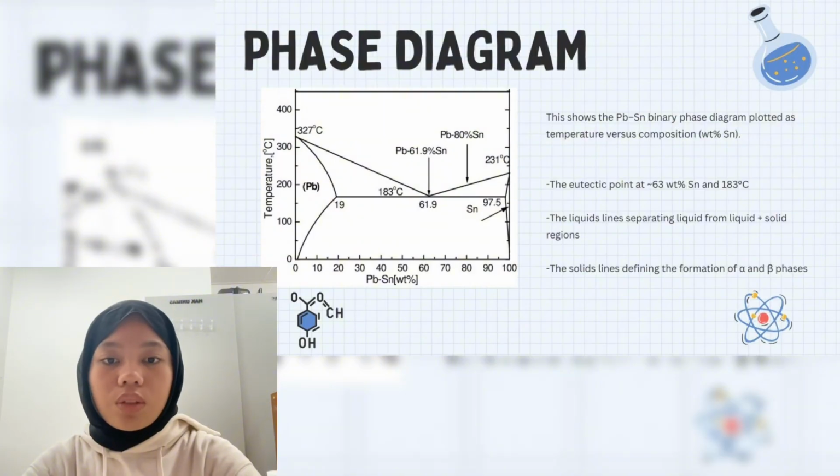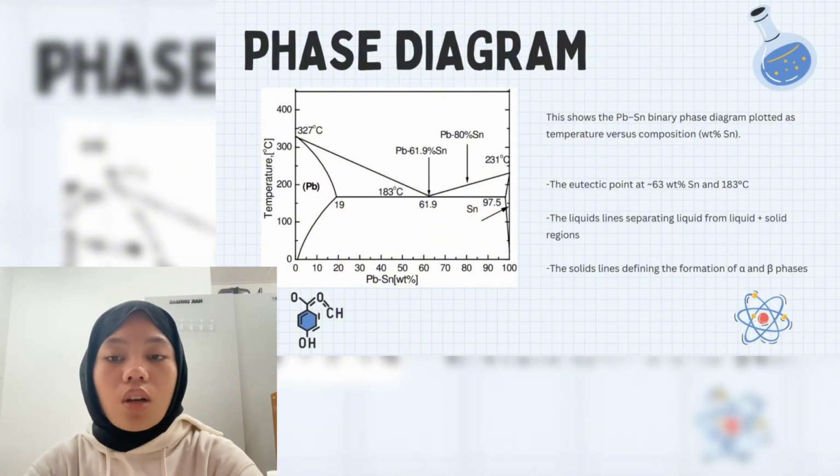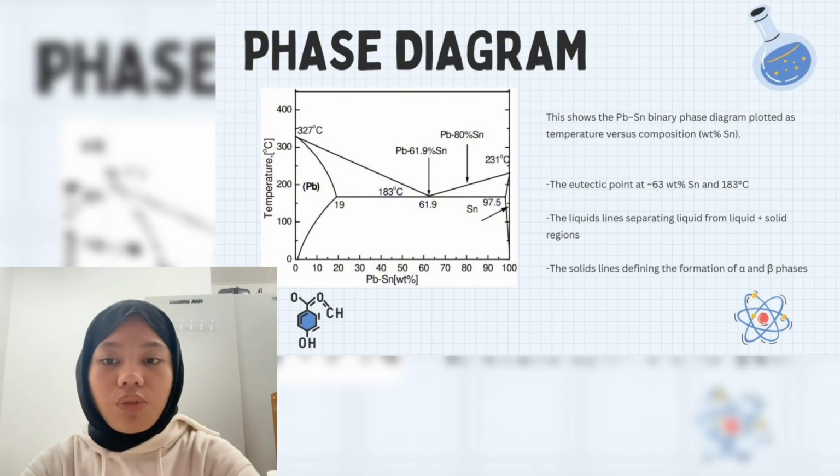This diagram shows temperature versus composition, with composition expressed in weight percent of tin. The key feature here is the eutectic point, located at approximately 63 weight percent tin and 180 degrees Celsius. Above the liquidus lines, the alloy exists as a fully liquid phase. Between the liquidus and solidus lines, we see liquid plus solid regions, either liquid plus alpha or liquid plus beta.